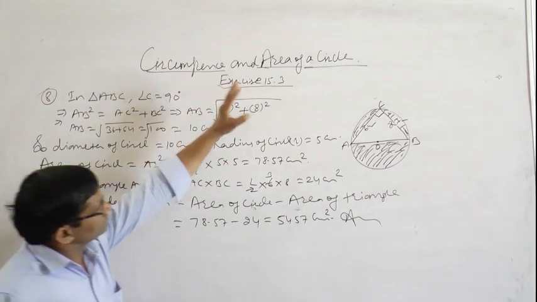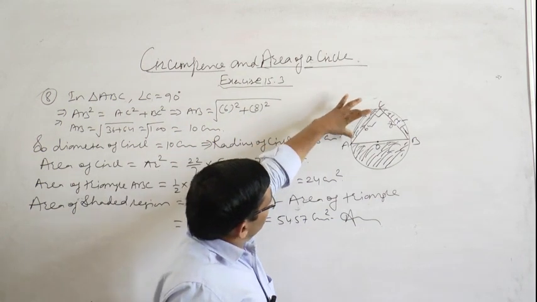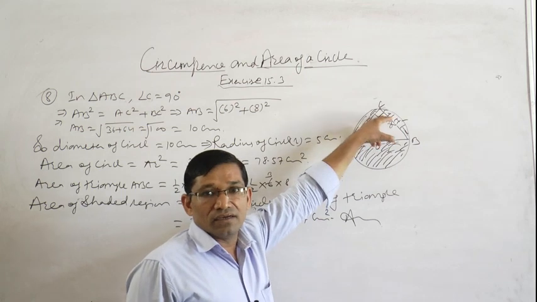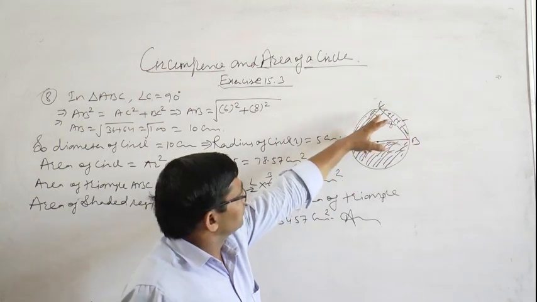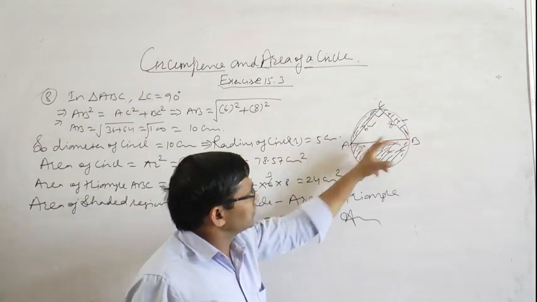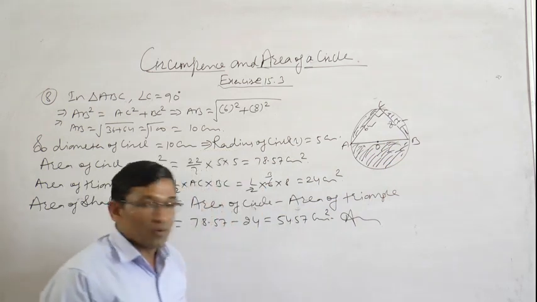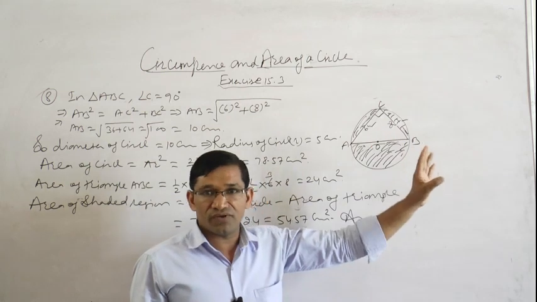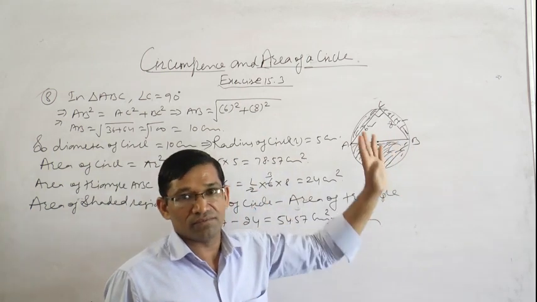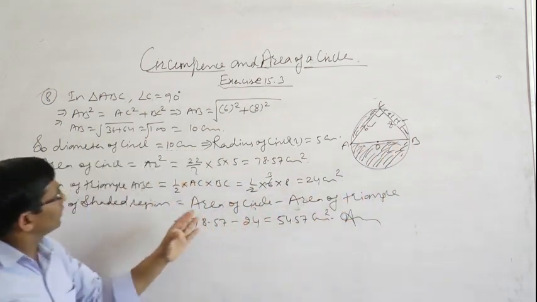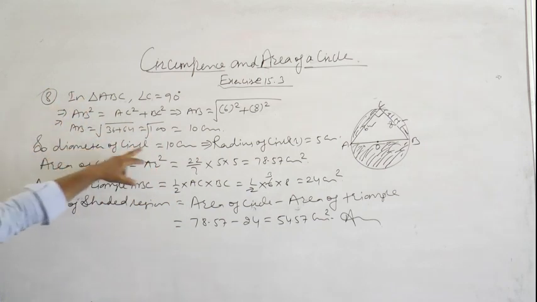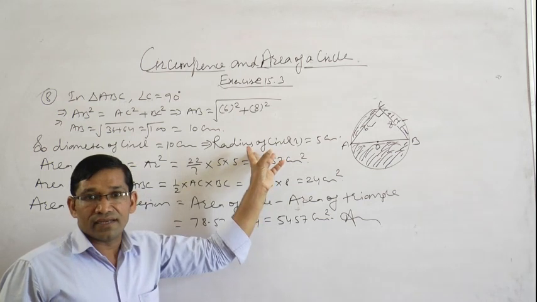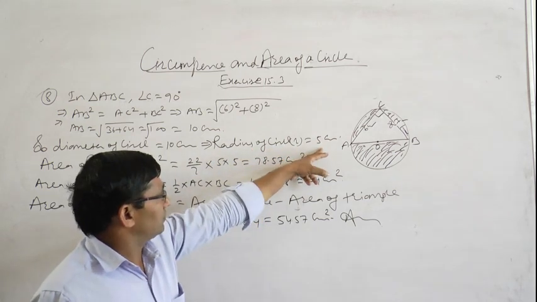So this is question number 8. In this question we have sides AC and BC and angle C is 90 degree. Because angle C is 90 degree, the opposite side of 90 degree is hypotenuse. So AB is the hypotenuse. First we find out AB, it means diameter of circle. Diameter of circle is 10 centimeter, so radius of circle is 5 centimeter.